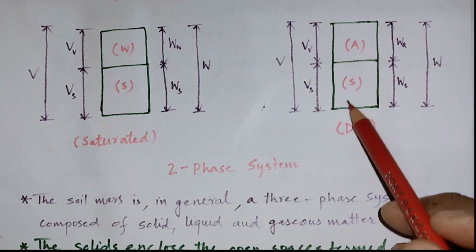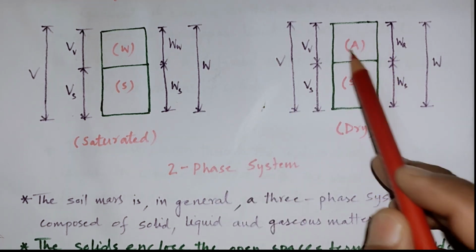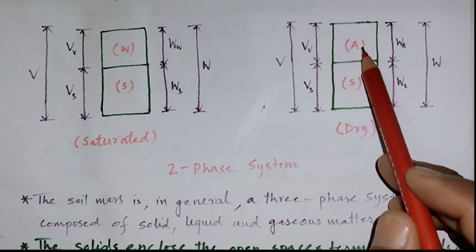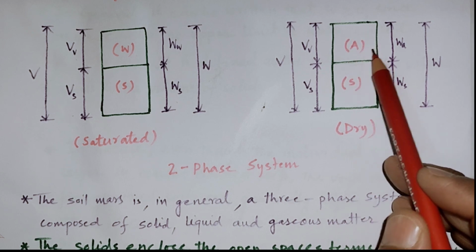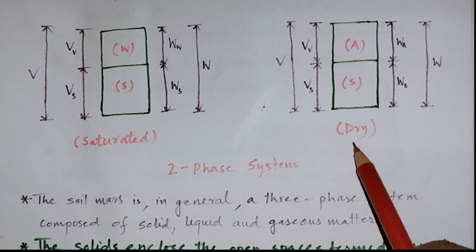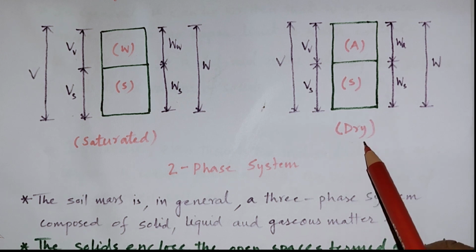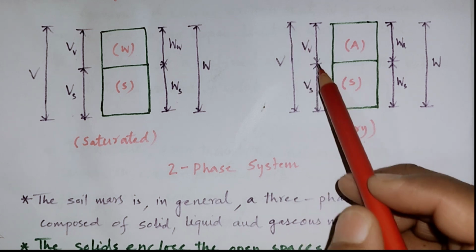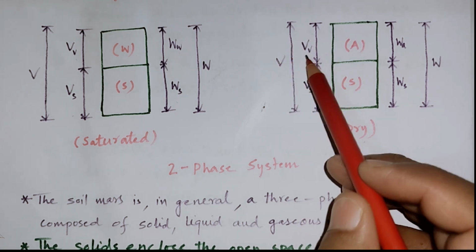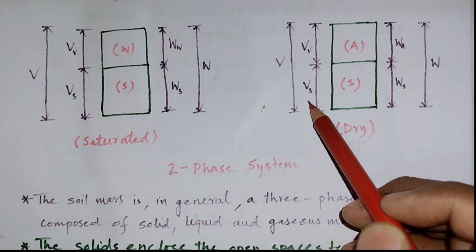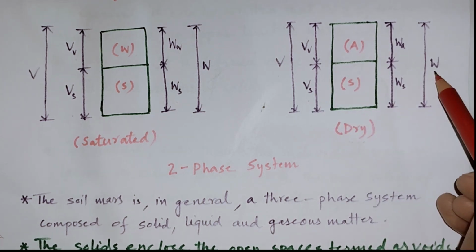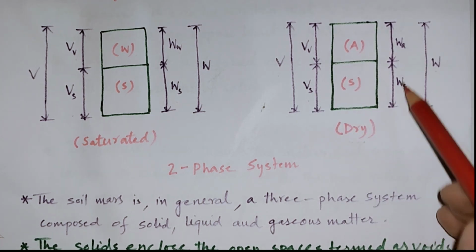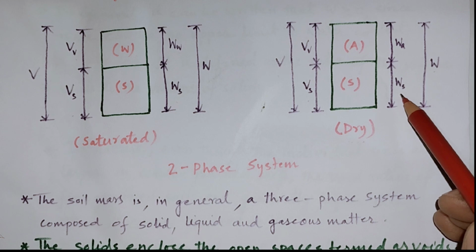In the other case, if the voids are filled with air only and no water is present, then this type of soil is called completely dry soil. In the same fashion, the total volume will be volume of void plus volume of solid, and total weight will be equal to weight of air plus weight of solid.